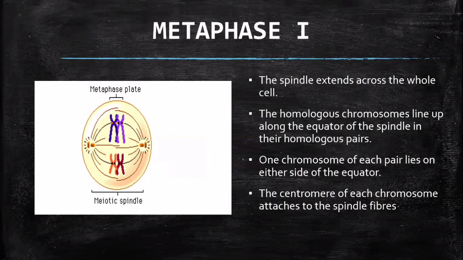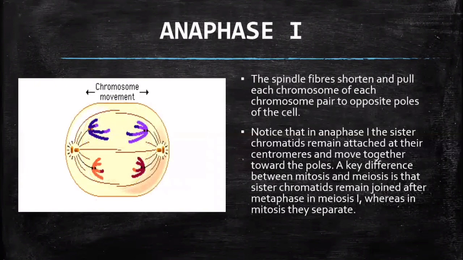No specific ones are supposed to go to one cell or the other. They randomly go to each part of the cell, and then that part is divided into two cells. That stage is what we call Anaphase I.